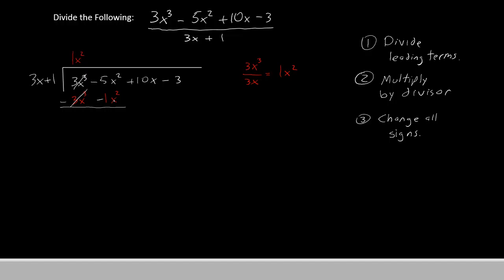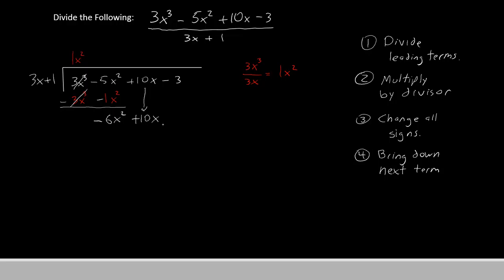Negative 5x squared minus 1x squared gives us negative 6x squared. Our fourth step now is to bring down the next term. And we're going to repeat this process from step 1 down to step 4 until we run out of terms to bring down.